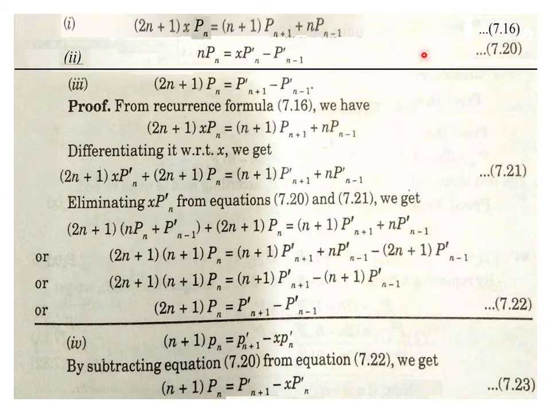Using 7.20, the value of x Pn dash can be obtained and substituted in equation 7.21. By doing that, we obtain 2n plus 1, then in place of x Pn dash, we have n Pn plus Pn minus 1 dash, plus 2n plus 1 Pn equals n plus 1 into Pn plus 1 dash, and the remaining terms remain invariant.